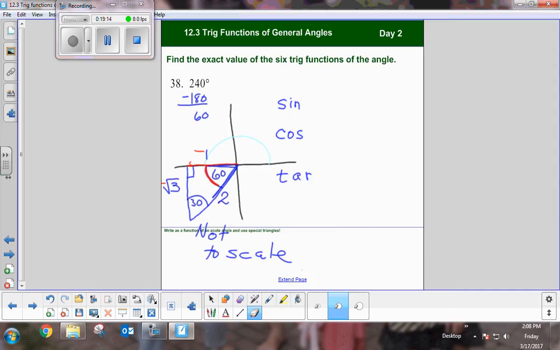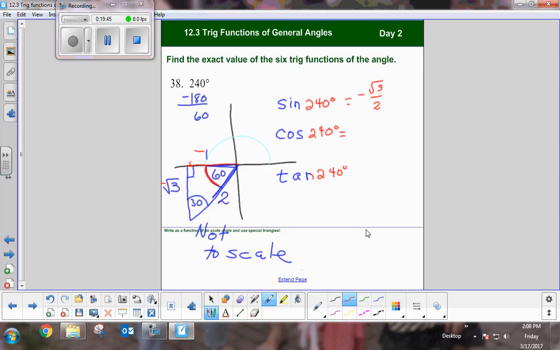I actually know it's 240 degrees. So Zach, tell me again, what's the sine? So its opposite is negative the square root of 3 over the hypotenuse, which is 2, right? So it's negative the square root of 3 over 2.